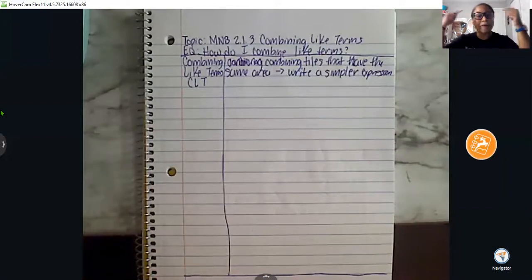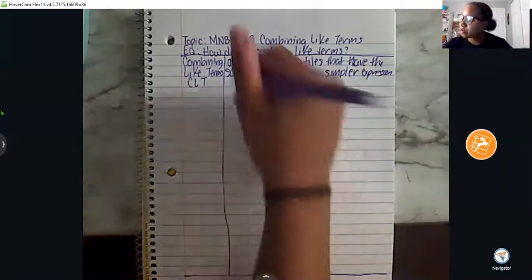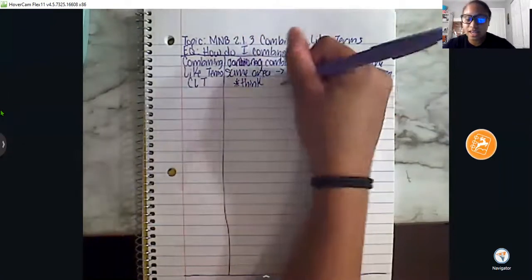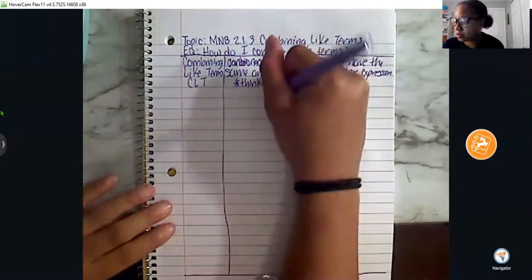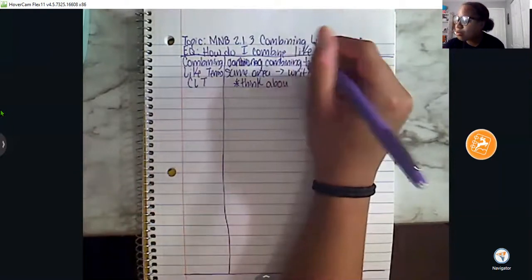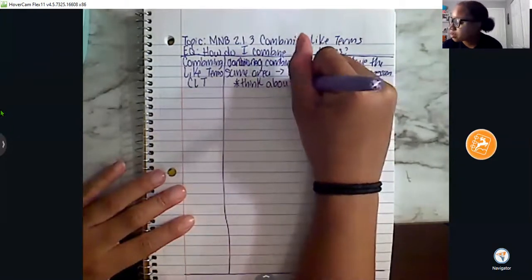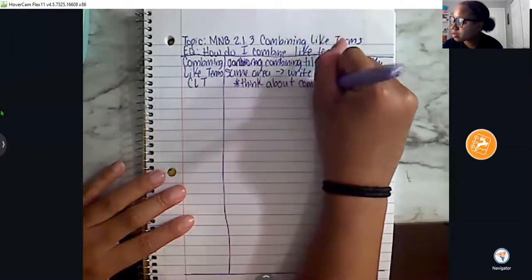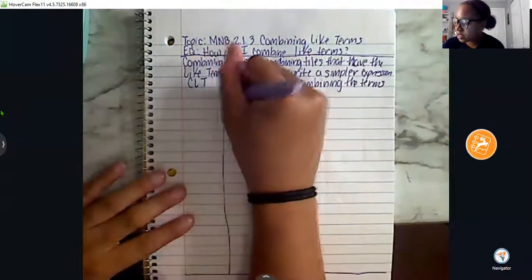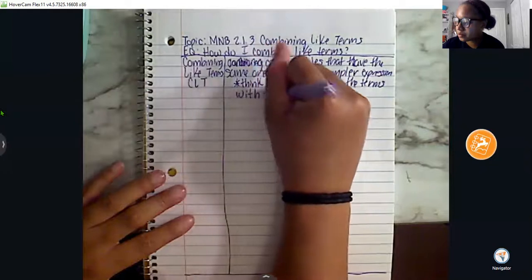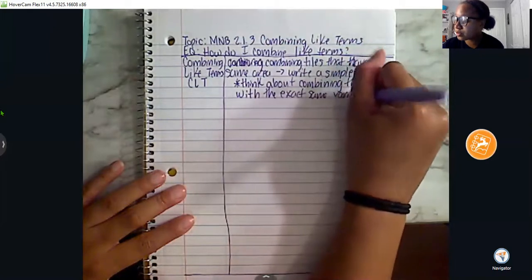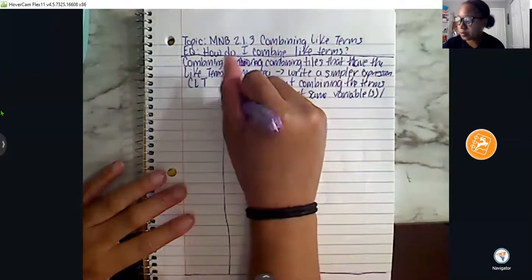So you can either picture them in your mind, so like visualize the actual tiles, or think about combining the terms with the exact same variable or variables / exponent.